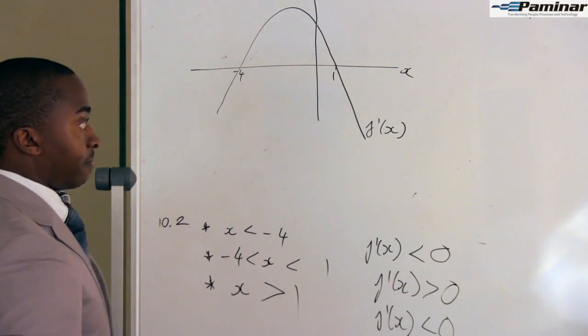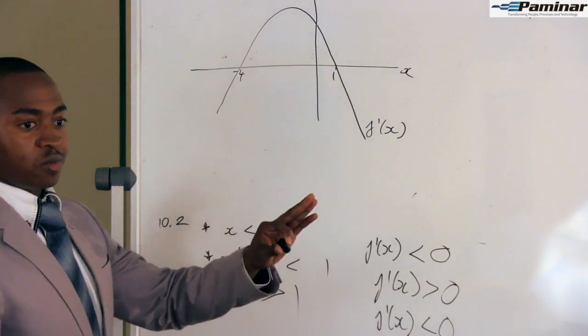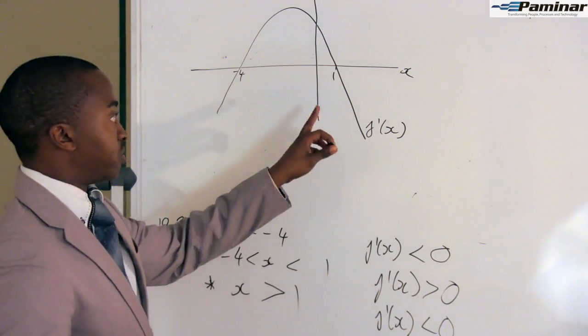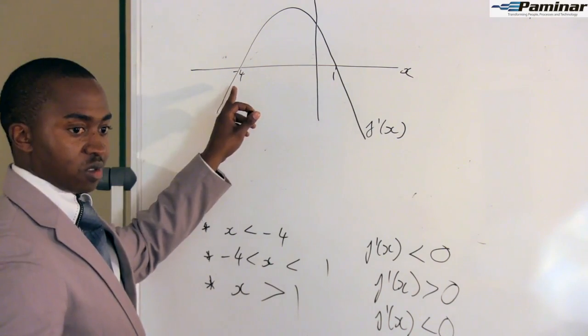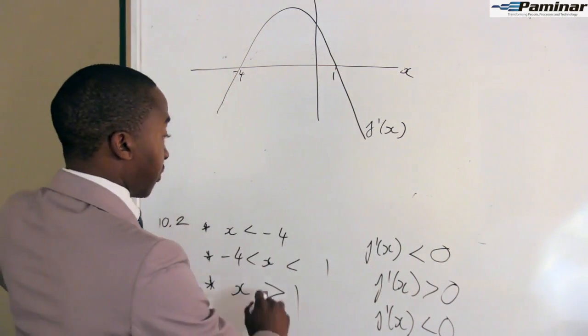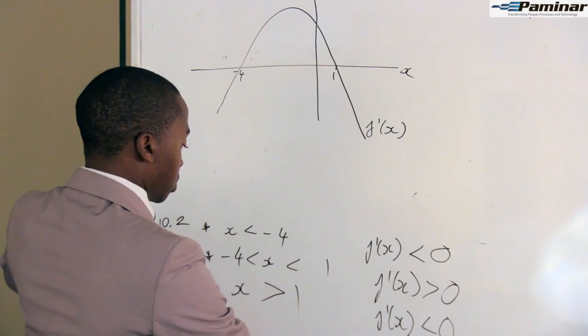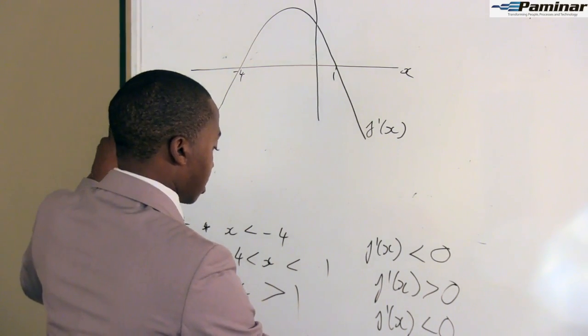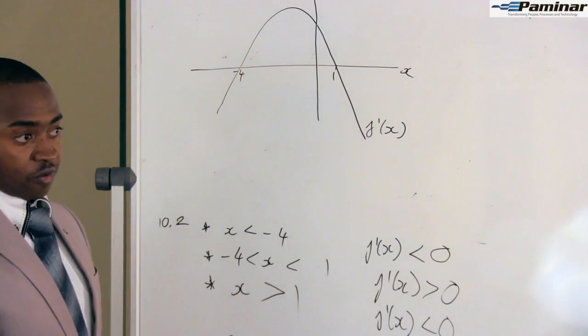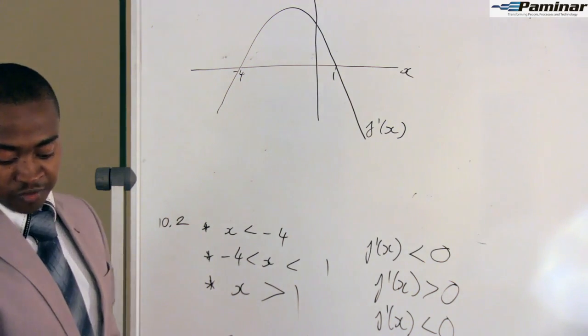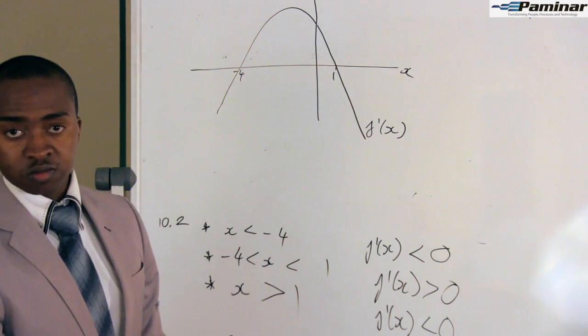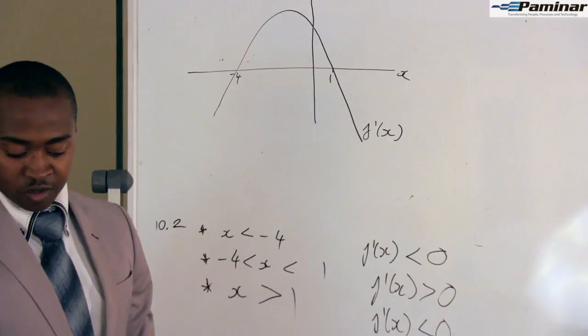But then the actual local minimum, based on the two points, would be at -4, because that's the minimum value of f prime x. So your final solution, you would choose x is less than -4. Without further ado, we'll move on to question 11 and 12.